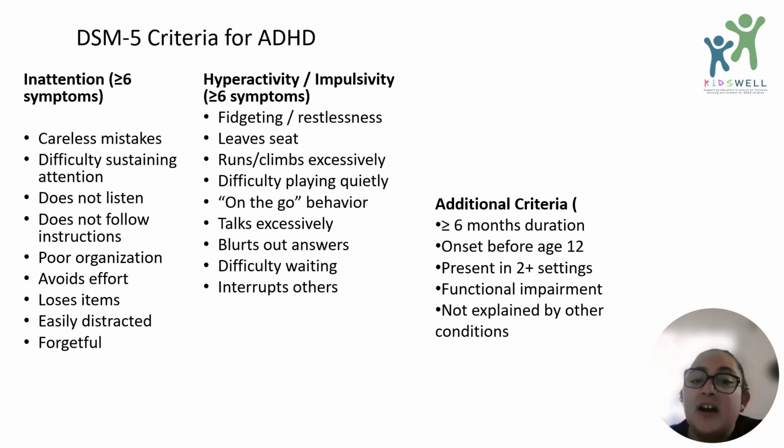Additional criteria are that all these symptoms last more than 6 months, onset before age 12, present in 2 or more settings, with functional impairment, and not explained by other conditions.